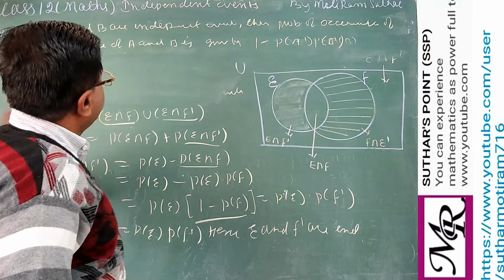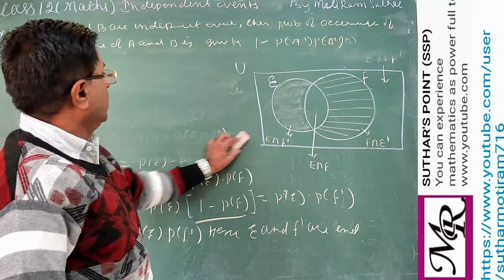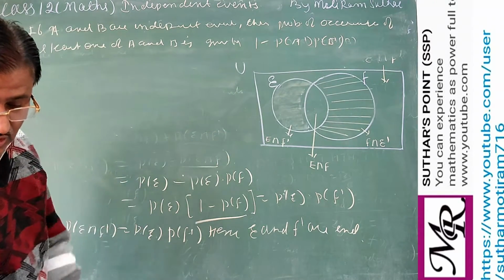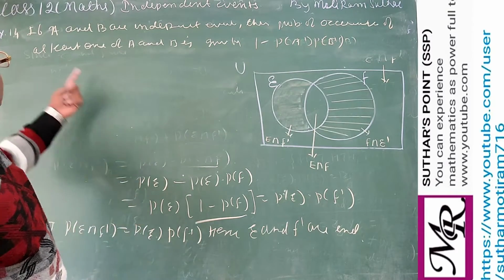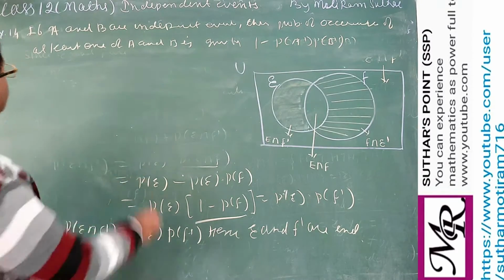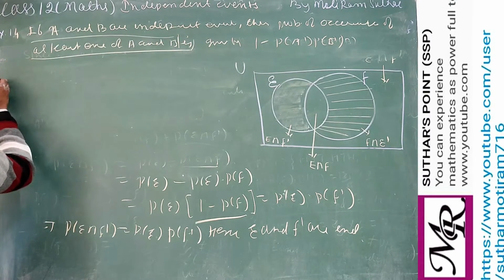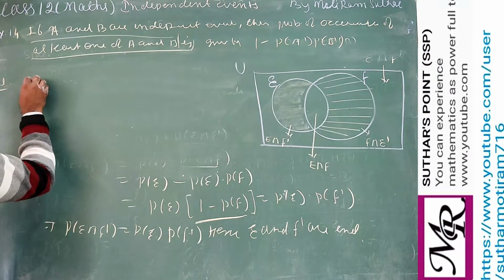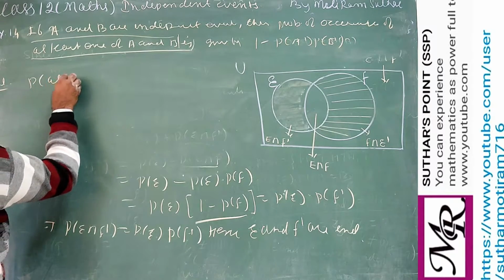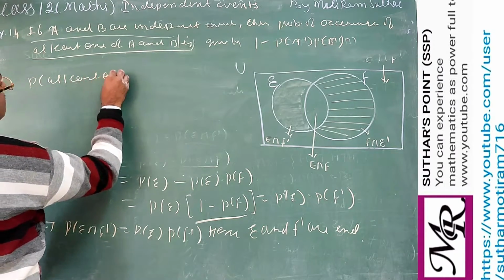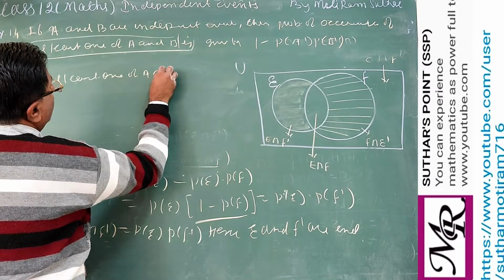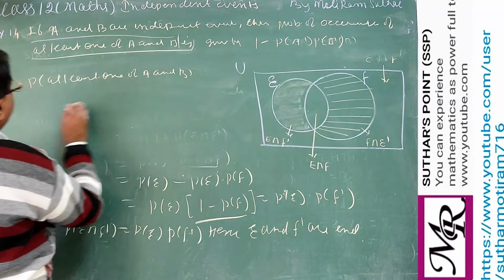Already given, the events A and B are independent events. So we have to find the probability of at least one of A and B. In 11th class we saw that the meaning of probability of at least one of A and B is their union.